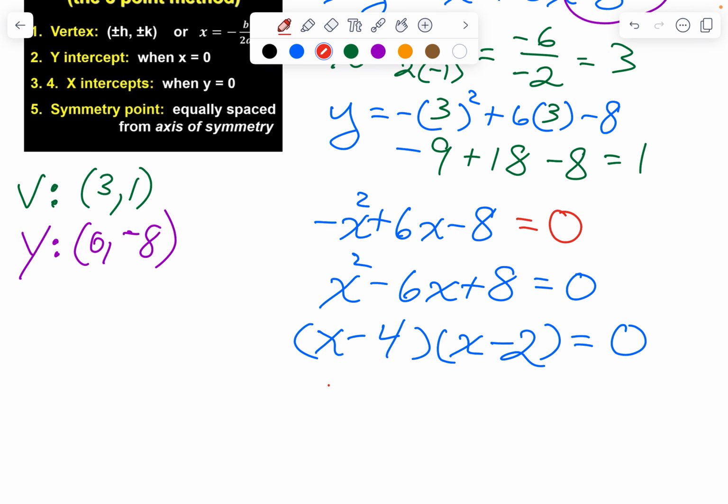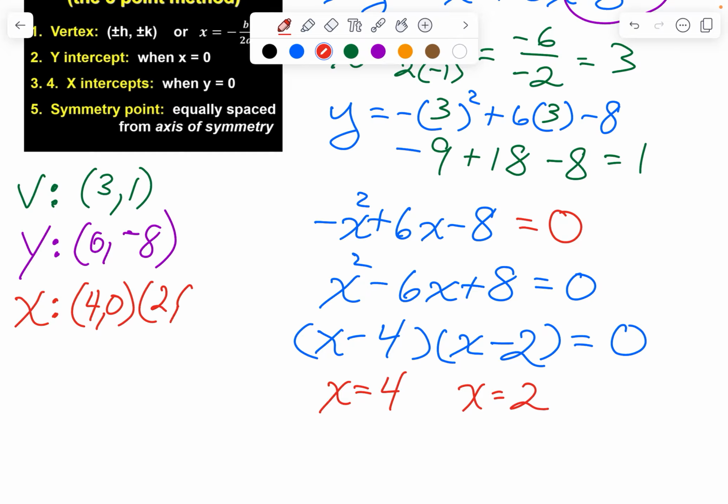So we get some x-intercepts. Keep in mind that those actually each by themselves represent an ordered pair. Please do not put them together as 4, 2. That'd be silly. What are we trying to do here? We're trying to make a sketch.